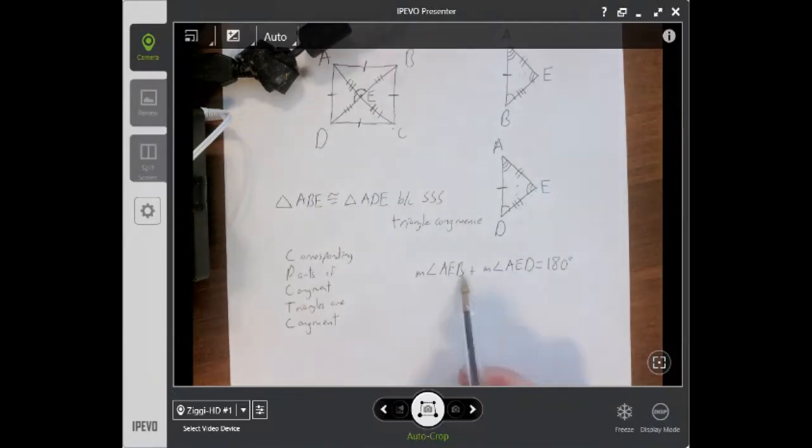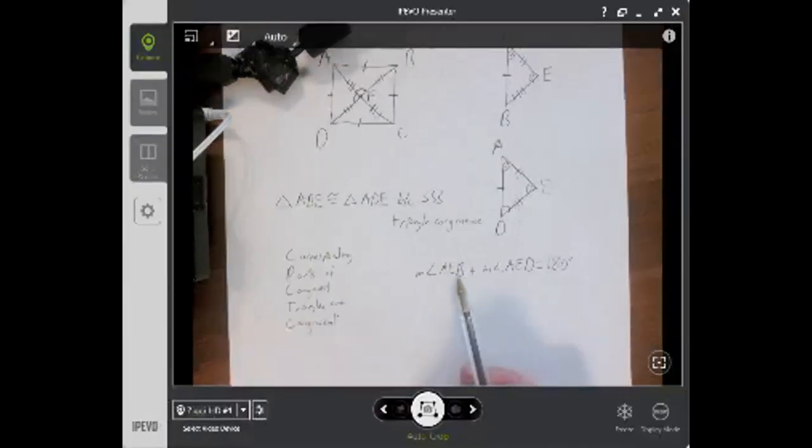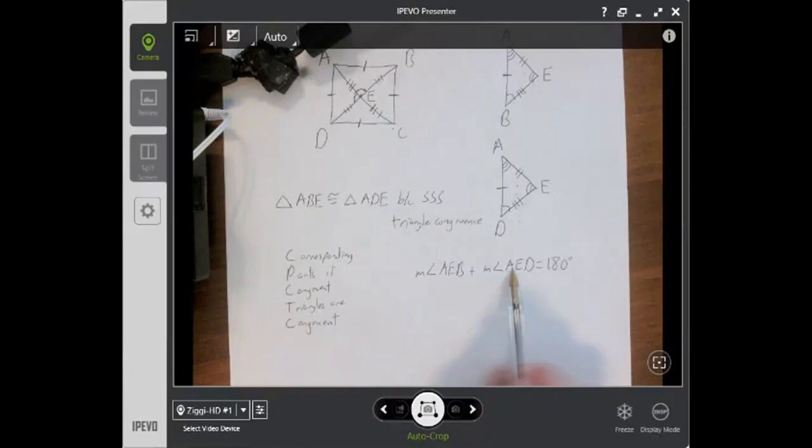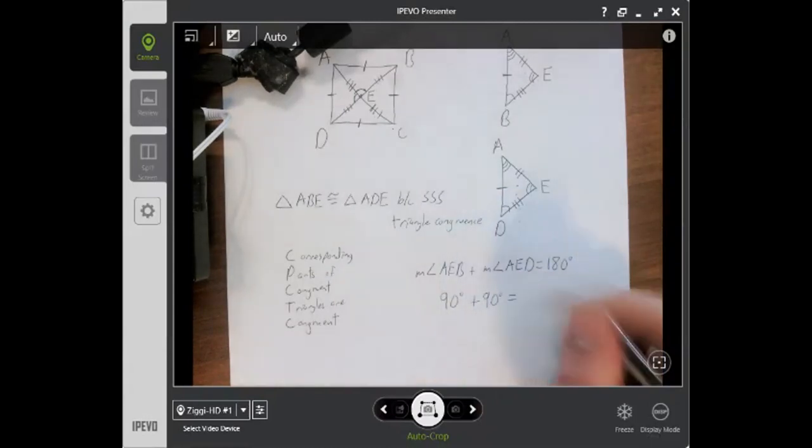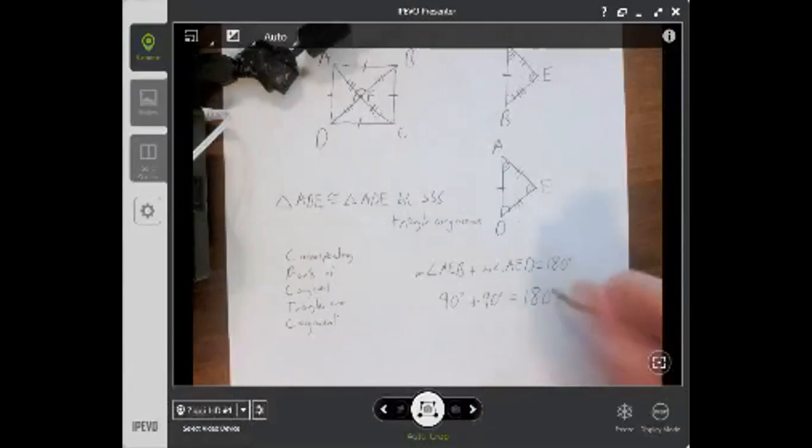But those 2 angle measures are congruent to each other. So what's the only way that we can have 2 angle measures that are the same that add up to 180 degrees? It would have to be 90 degrees plus 90 degrees equals 180 degrees.